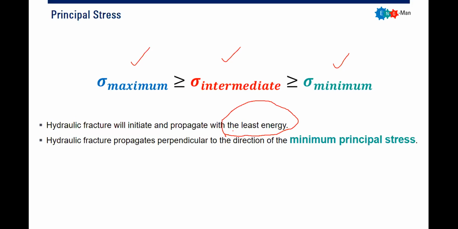And to have the least energy, it means that hydraulic fracture will propagate perpendicular to the direction of the minimum principal stress. That's why we need to transform the coordinate, so that we can get the principal stresses, and from which we can get the minimum principal stress.